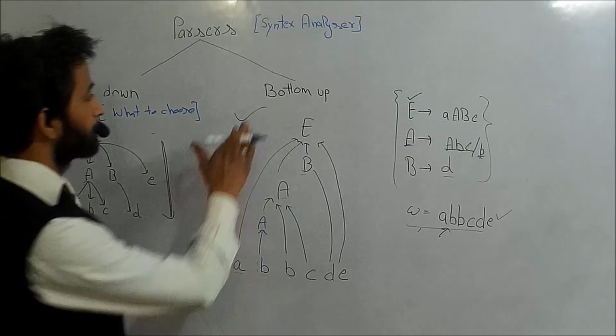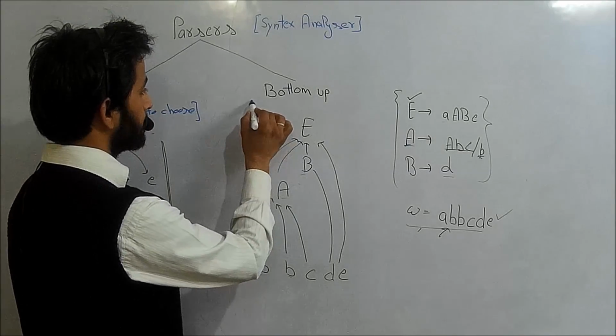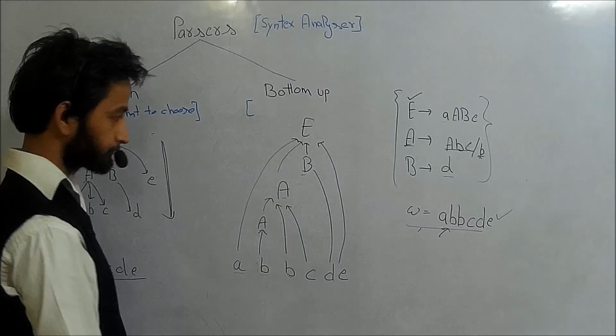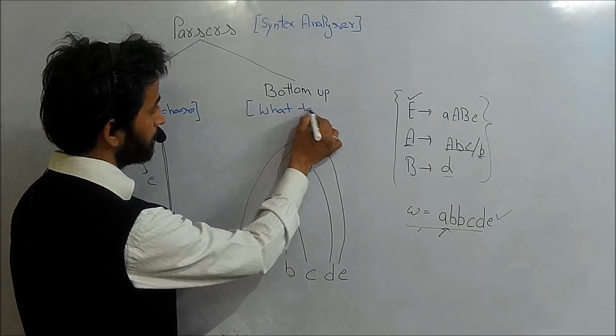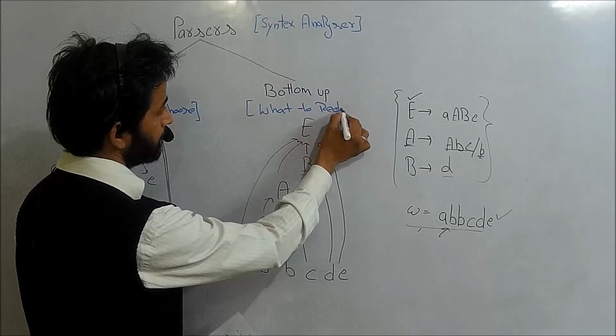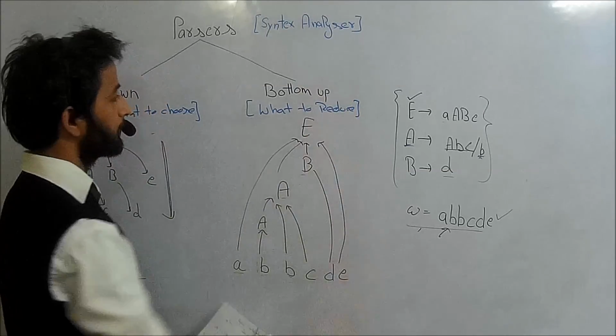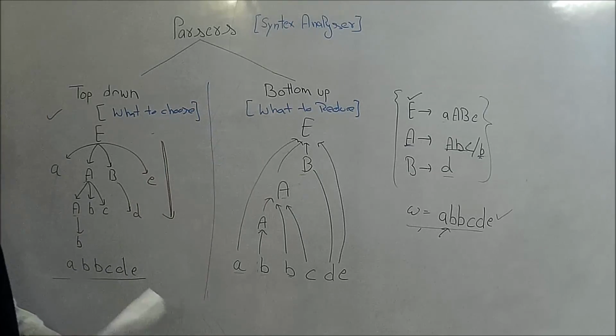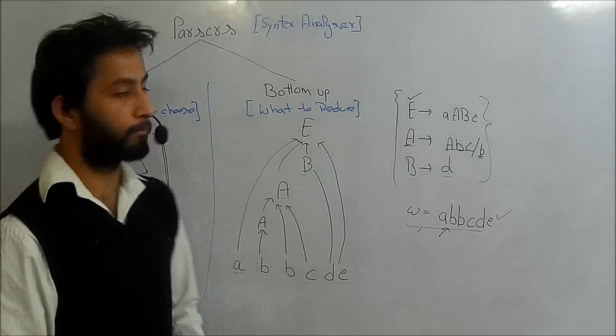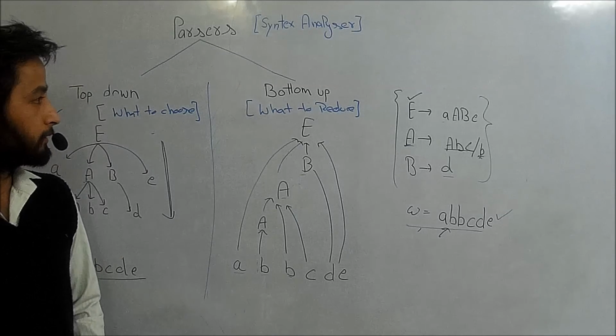In bottom-up I have to check what to reduce. Okay, so this is top-down and bottom-up parsing. Next we will start with the first parser, which is LL1 parser.